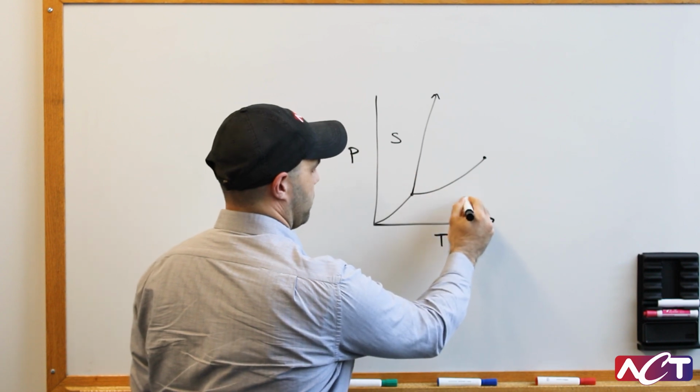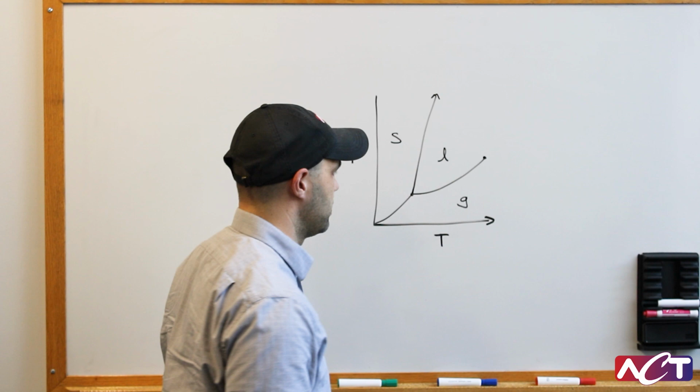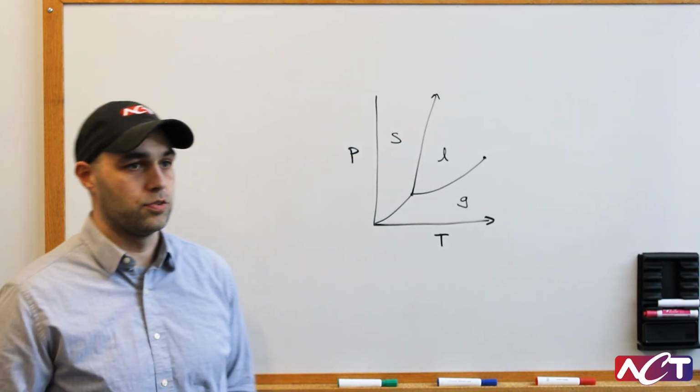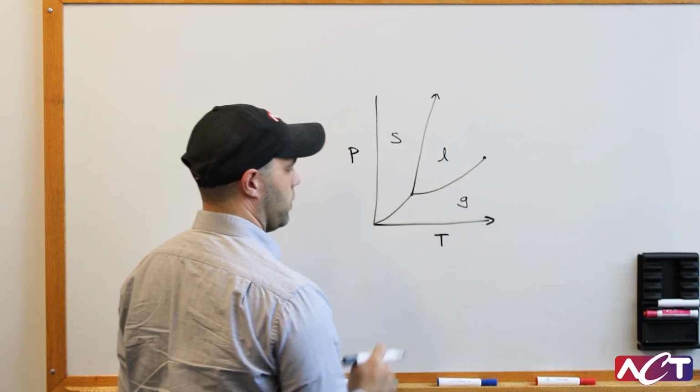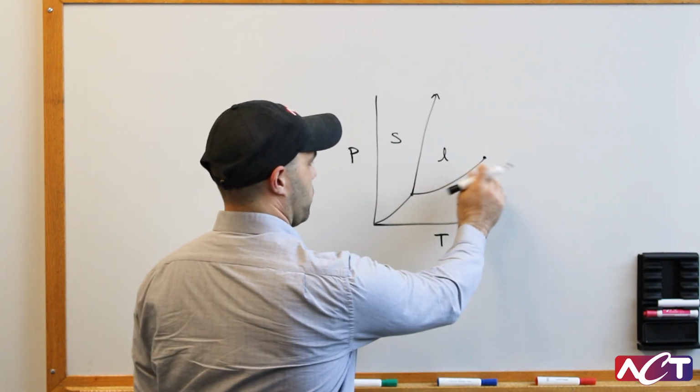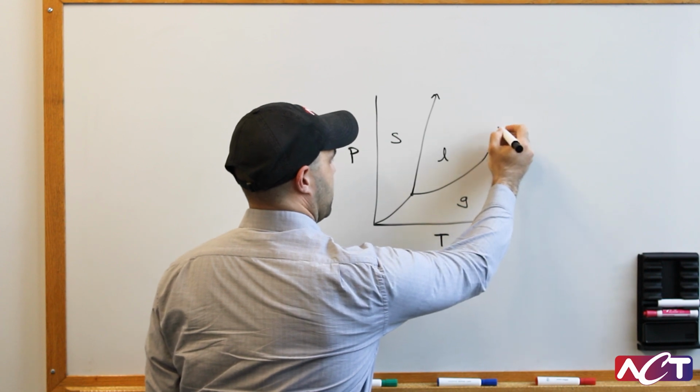Over here we have gases, and in between are liquids. In pump two-phase, we are dealing with moving across this line between liquid and gas. This point right here, I'm going to move it up a little higher, is the critical point.